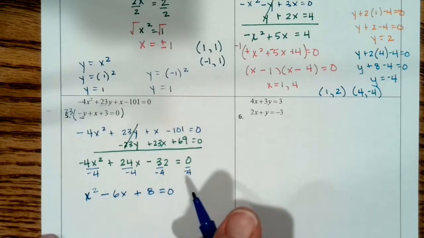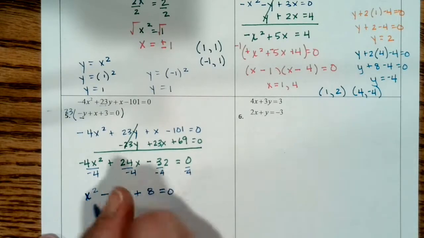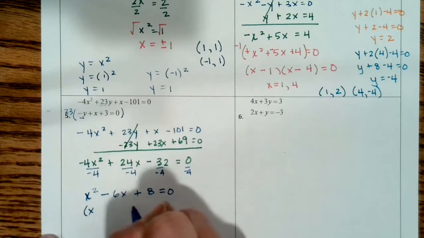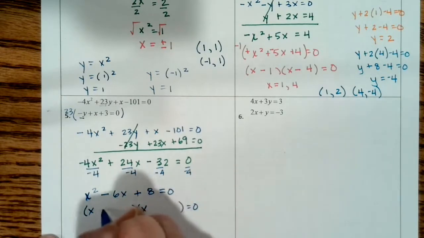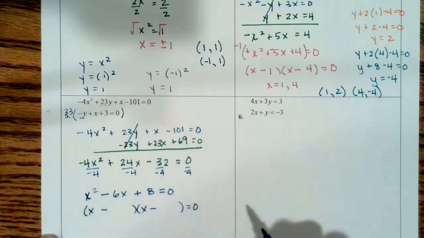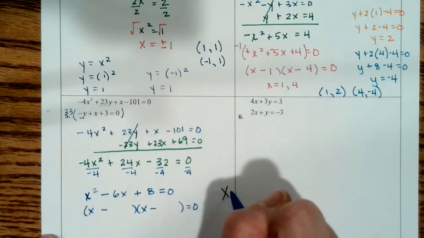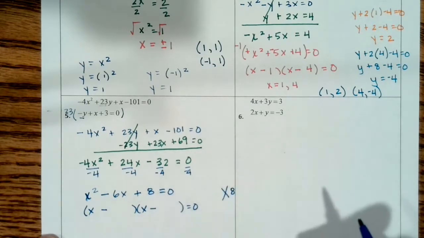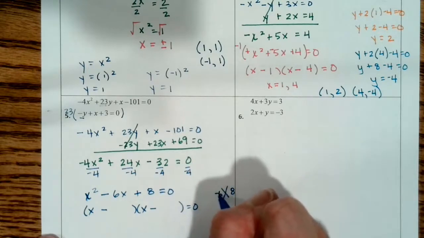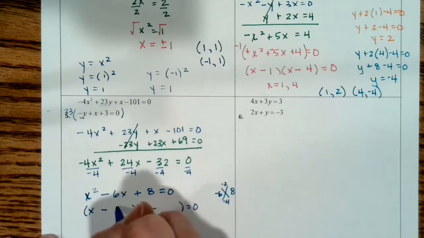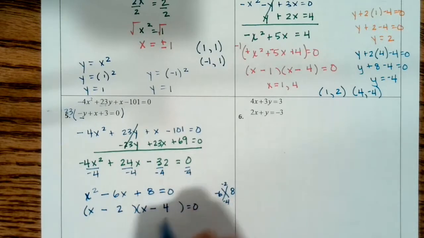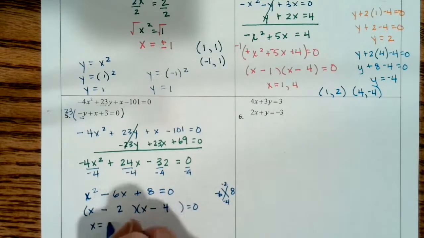When I go ahead and factor, I have x and x. I know they're both minus. So two numbers that multiply together to give me positive 8 and add together to give me negative 6 are going to be minus 2 and minus 4. Therefore, x is equal to 2 and x is equal to 4.